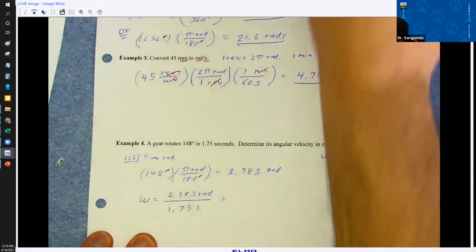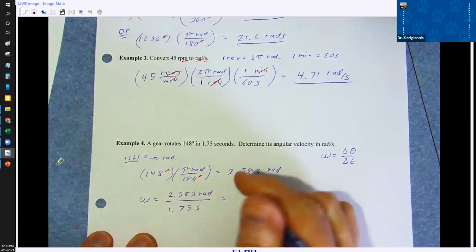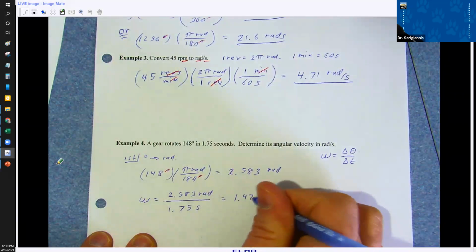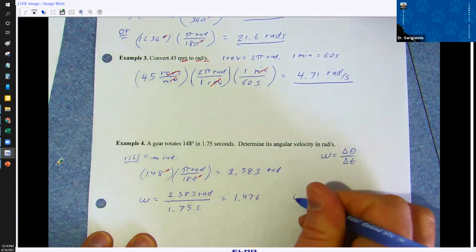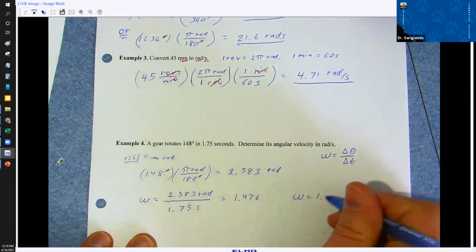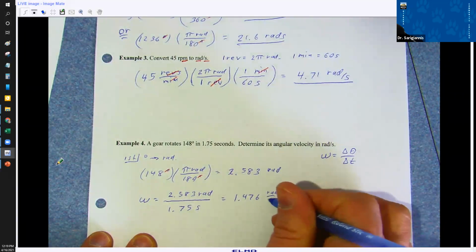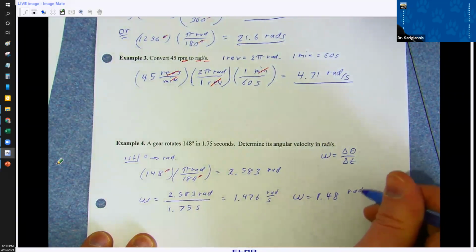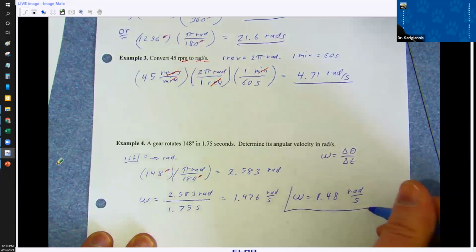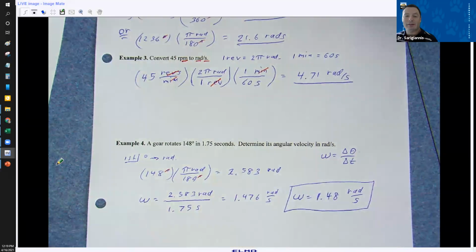So this is, oh, what did I have? 1.476. So omega is 1.4, I'll round up to 8. Notice the units on here, radians per second. That's angular velocity in radians per second.